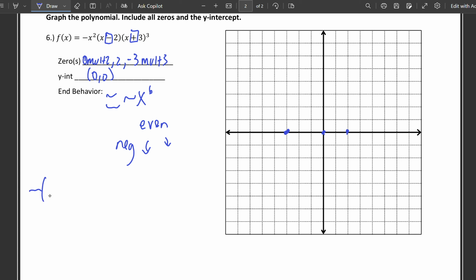We have a negative, and again, we want to make sure we put parentheses: negative (negative 2.5) times (negative 2.5 minus 2) times (negative 2.5 plus 3). Handwriting is still bad, by the way. When you plug this into the calculator, it ends up giving you 3.51, which is roughly what I'm looking for.